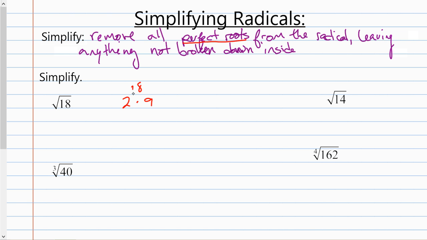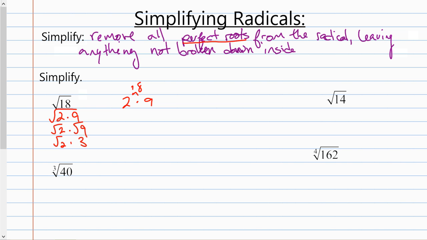but I know that my 18 is a 2 times 9, and that 9 is a perfect square. So I am going to rewrite this 18 as the square root of 2 times 9, which I can break apart: the square root of 2 times the square root of 9. And that square root of 9 is a 3, so I've got the square root of 2 times a 3.